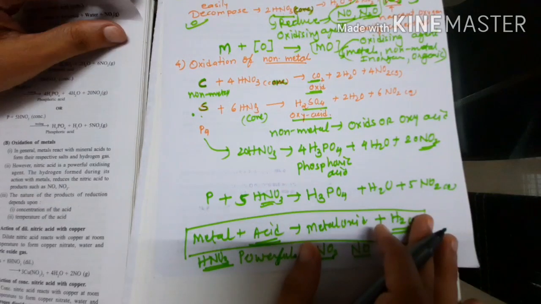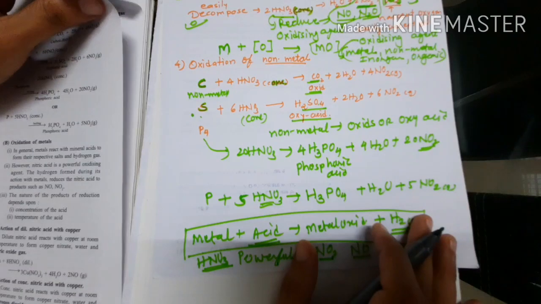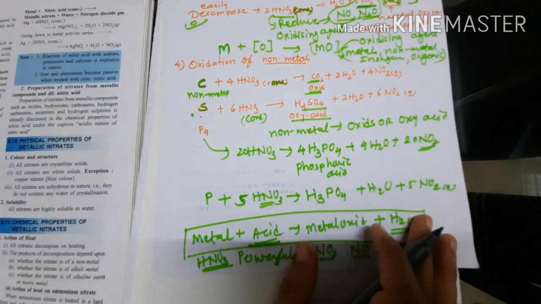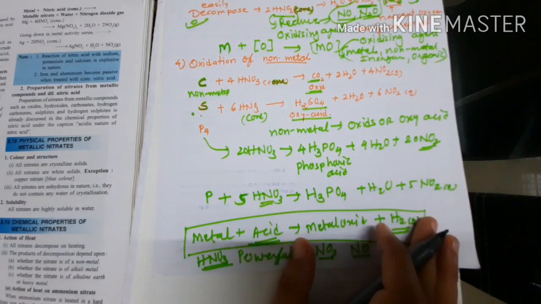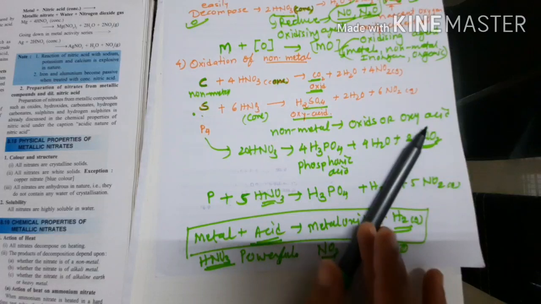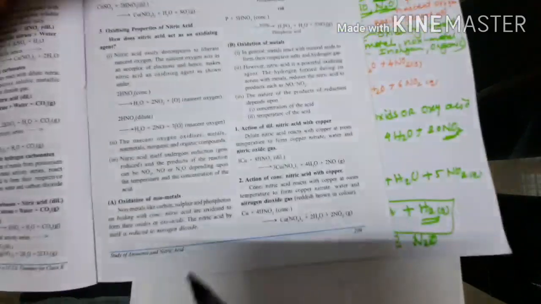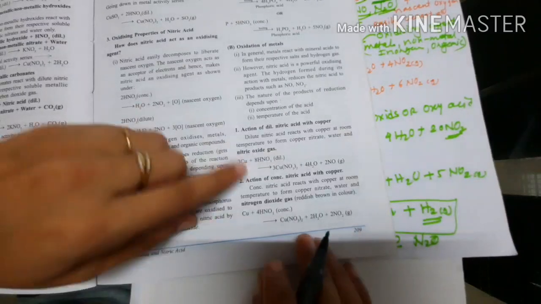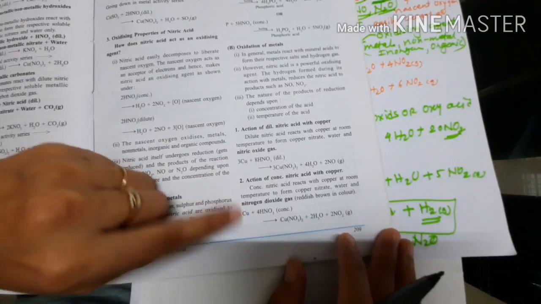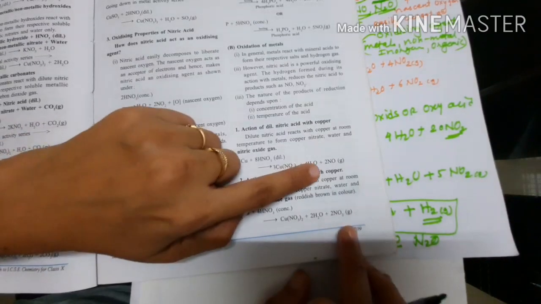The next thing is the action of dilute nitric acid with copper and the action of concentrated nitric acid with copper. The test for nitric acid I will explain in a next video, or I'll send you a video. These two things you read yourself. Copper, when it reacts with HNO3, converts into copper nitrate, H2O and NO2.